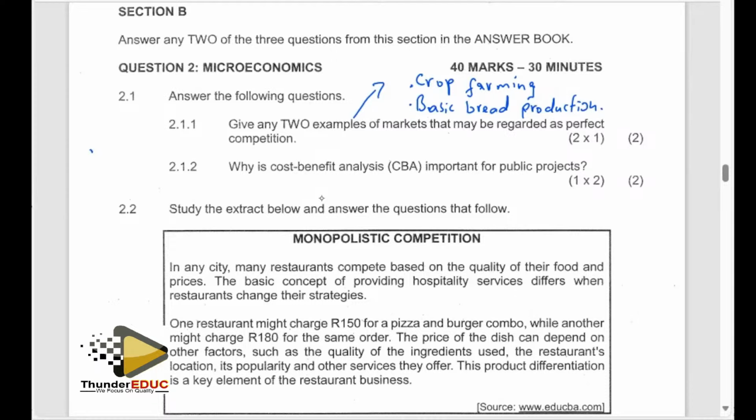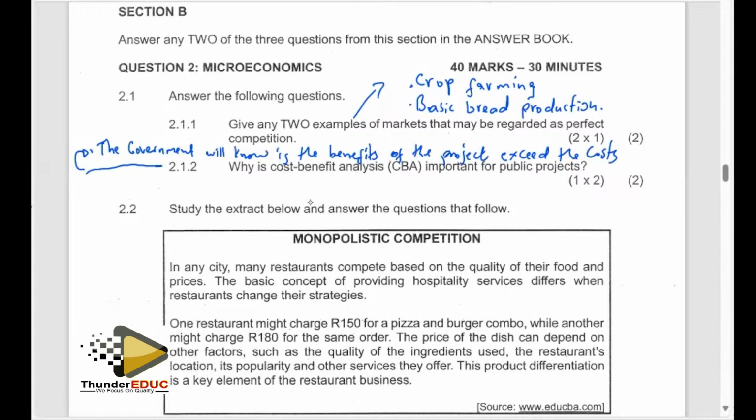Saying that government will know if the benefits of the project exceed the costs.